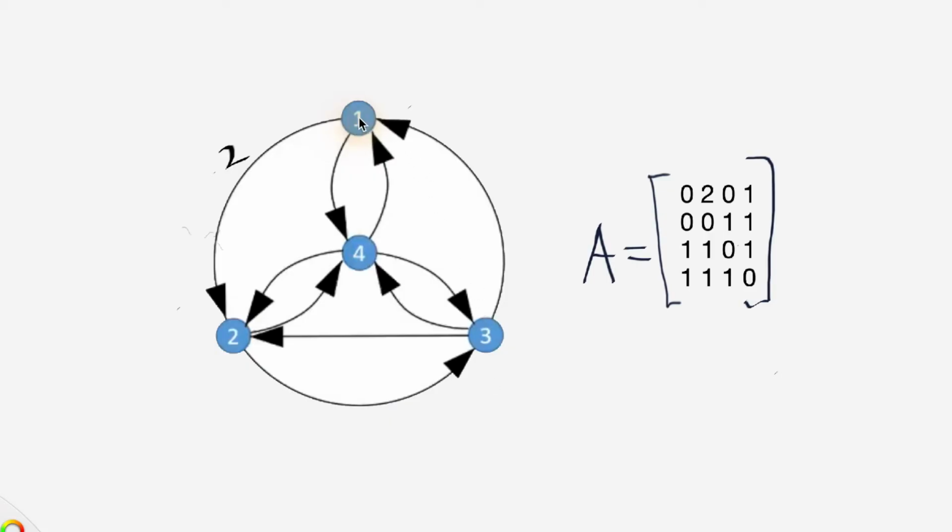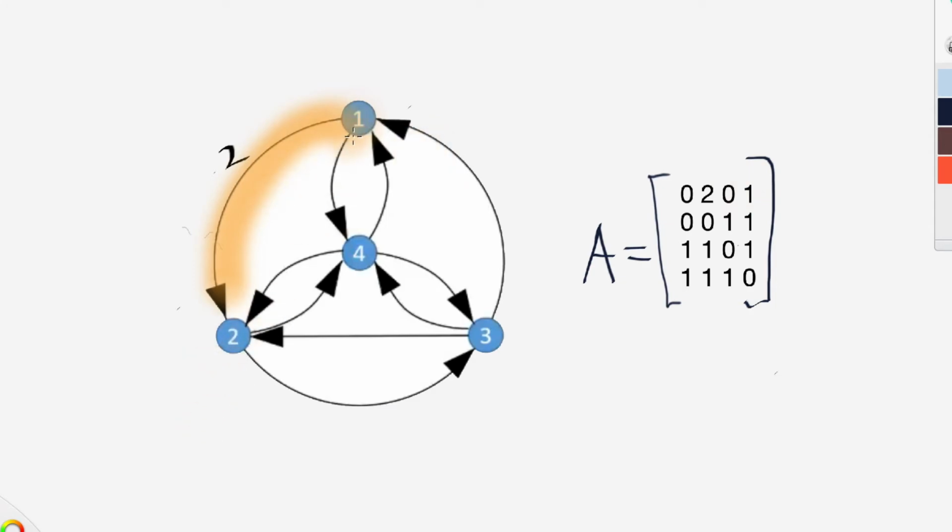Let's try to construct a cycle cover. Let's first construct a directed graph from this matrix. The way you do that is that this is like an adjacency matrix. An edge of weight 2 here would correspond to an edge from 1 to 2 with edge label 2. This is how the graph is constructed, and what constitutes a cycle cover?